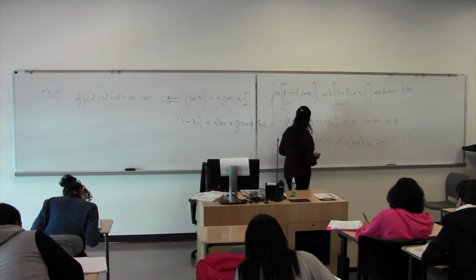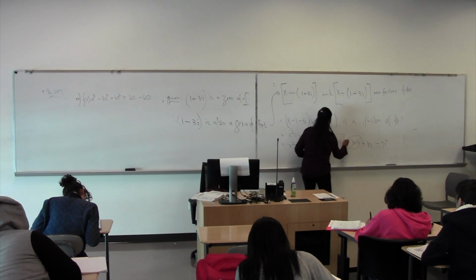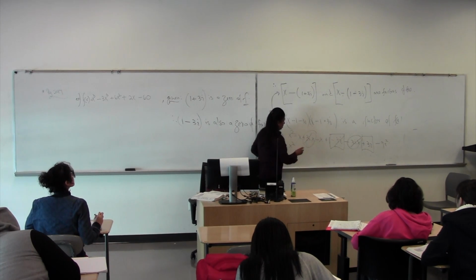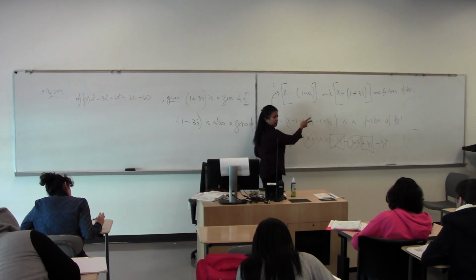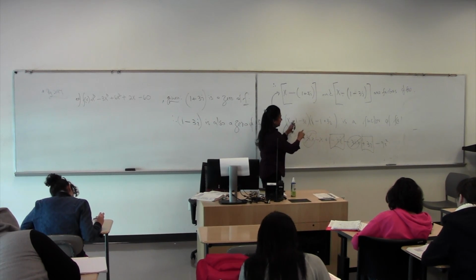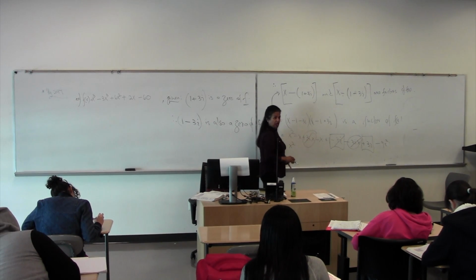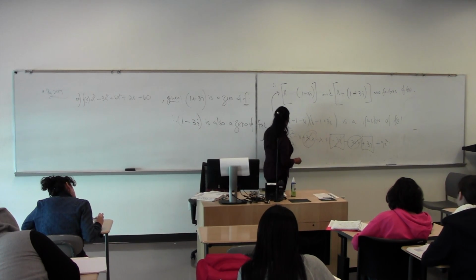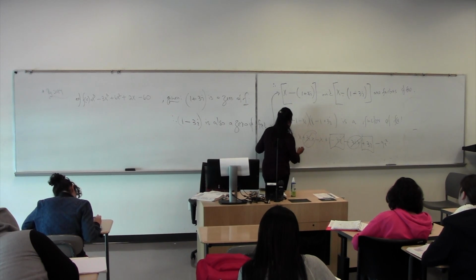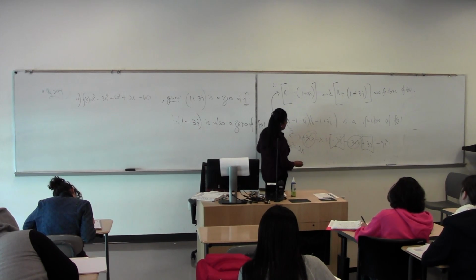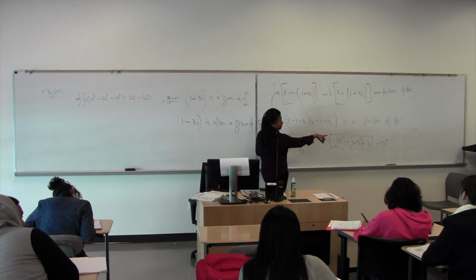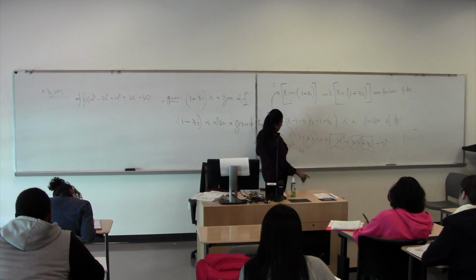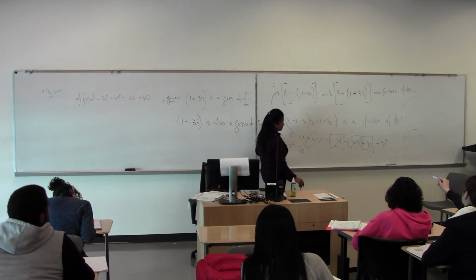And then this and this get cancelled. So always when we multiply conjugate pairs, the i is going to get cancelled, and i squared is negative 1. So we get x squared minus x minus x is minus 2x. Substituting negative 1 for i squared, we get plus 9. Are we good?